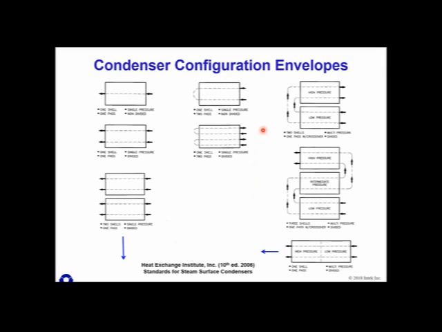The next configuration is a two pass, where the cooling water enters one side, goes through a turnaround water box, and the warmer water goes back through the condenser. That's another configuration. You can have one shell, two shell, one path, two path, in that type of configuration. And then the last configuration is multiple pressure shells.